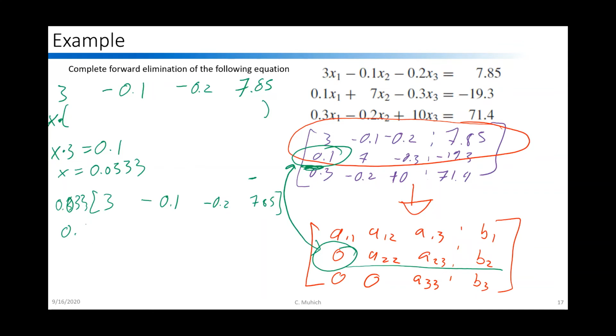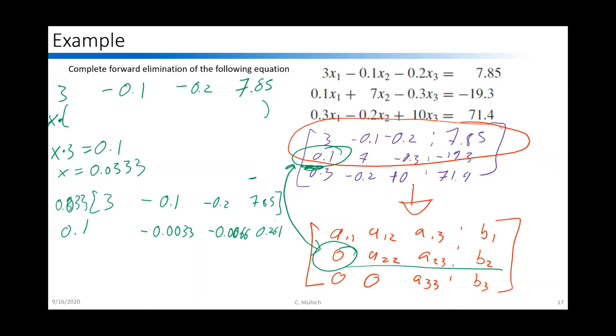negative 0.0033, negative 0.00666 repeating, and then 0.261.